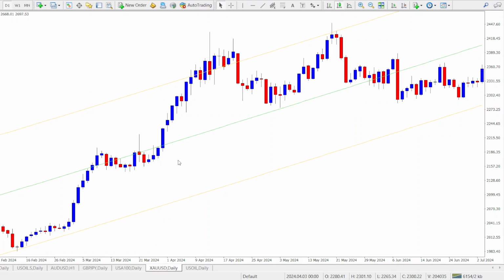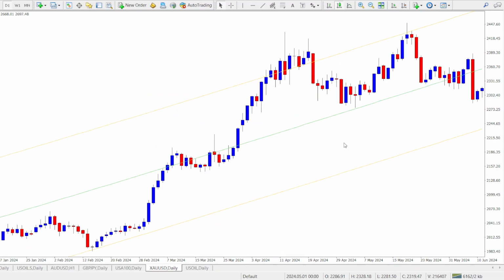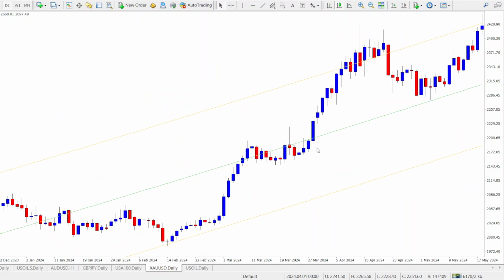The first step is to identify the trend. The second step is to wait for the price to bounce off either the middle line or the lower line for a buy trend.